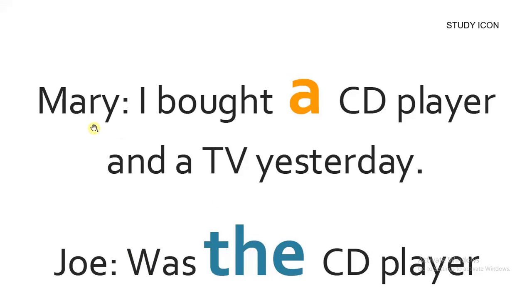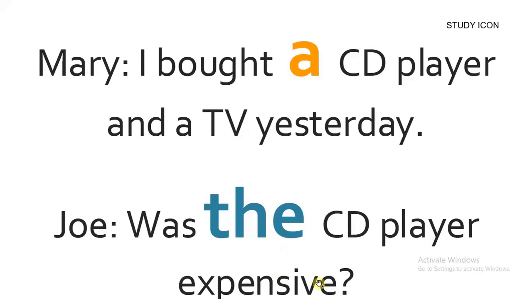For example, Mary says, I bought a CD player and a TV yesterday. Joe says, was the CD player expensive? So two things are here to see. First, we are using a for the CD player, and here we are using the for the CD player.